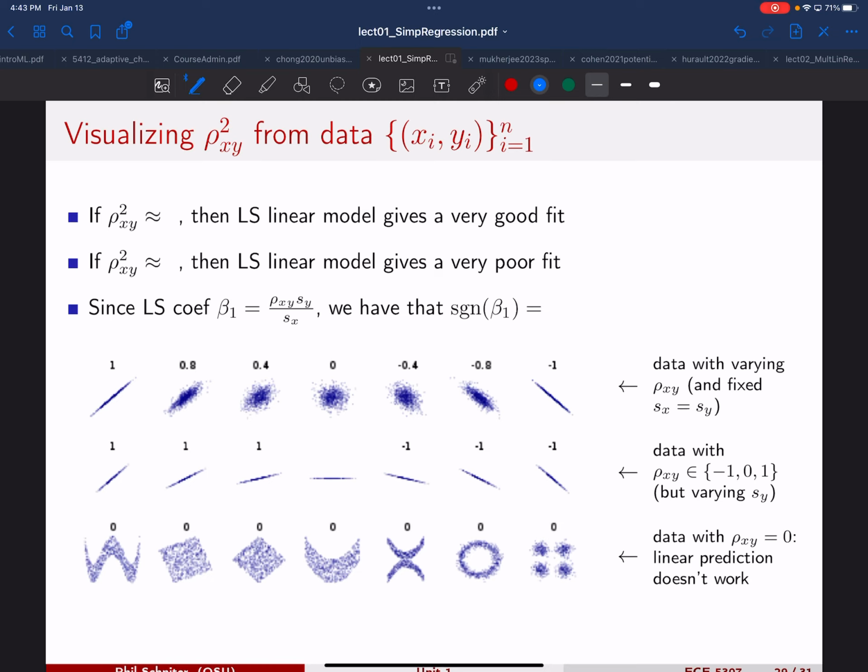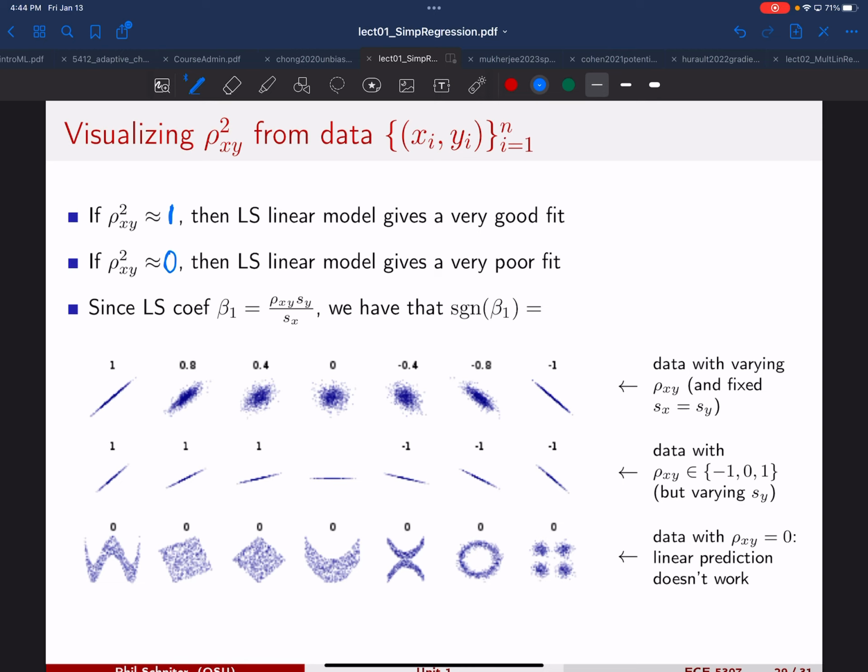We have some blanks to fill in. Again, a very good fit is when rho xy squared is approximately what? 1. As that gets close to 1, very good fit. Very poor fit is rho xy 0.